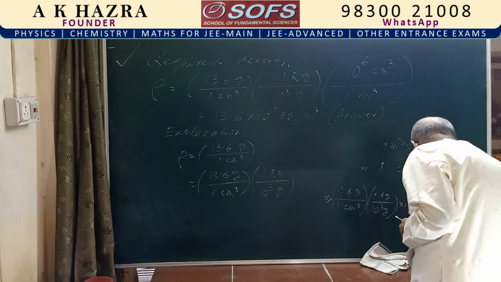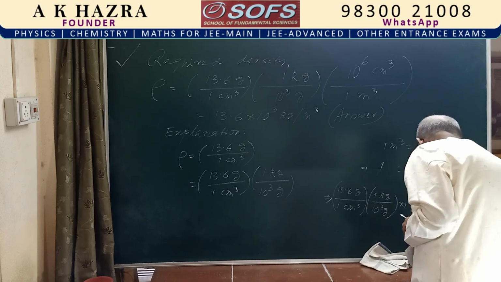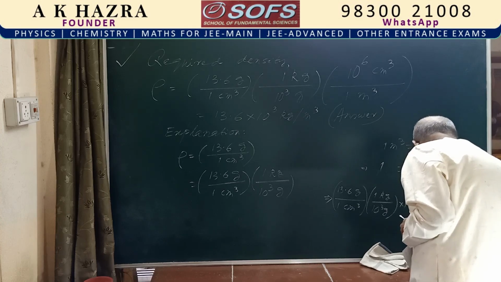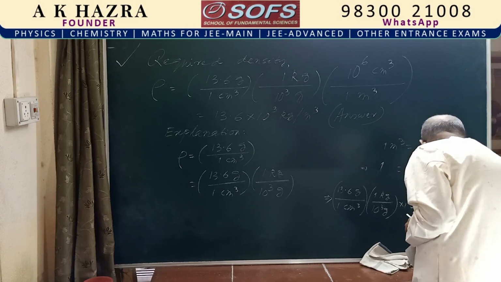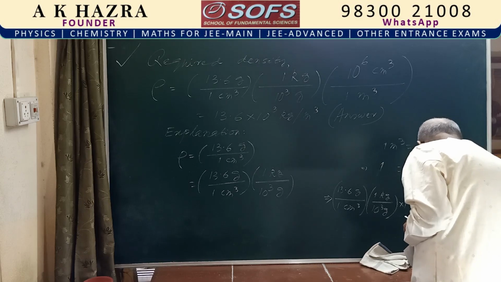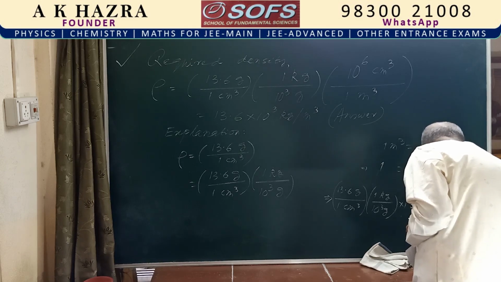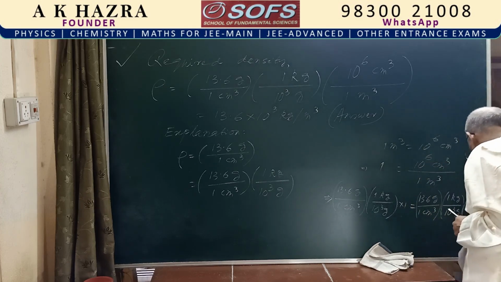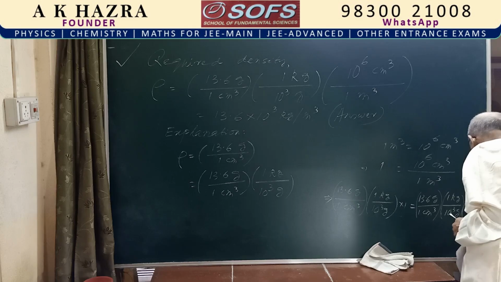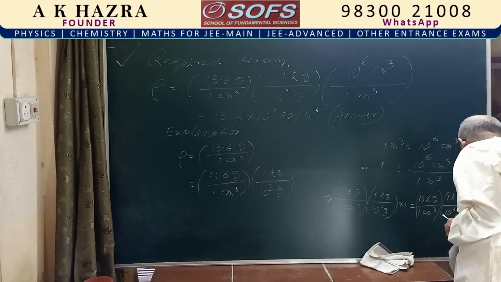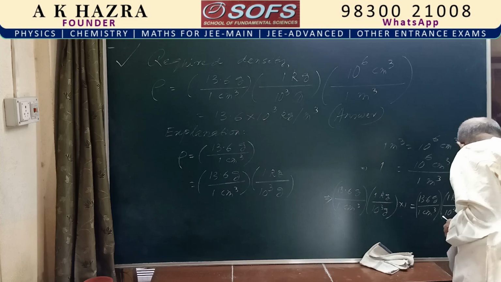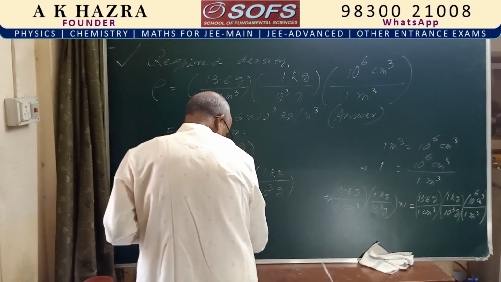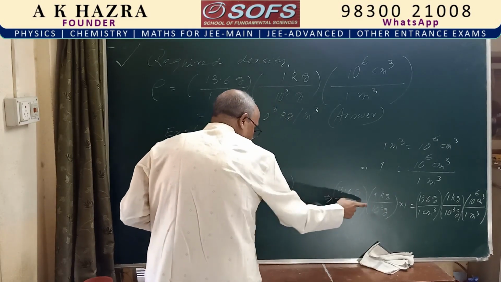Equal to what? 13.6 gram by 1 cubic centimeter, into 1 kg by 1000 gram, into 10 to the power 6 cubic centimeter by 1 cubic meter. So clearly you see this quantity equals this quantity, the same quantity.